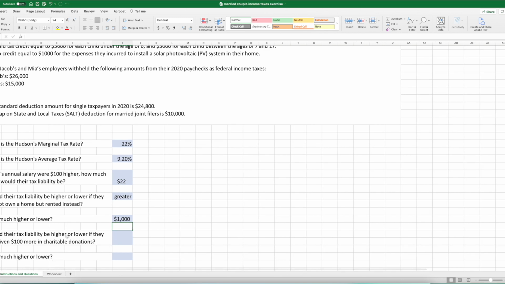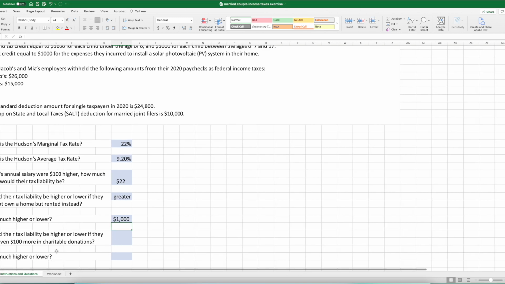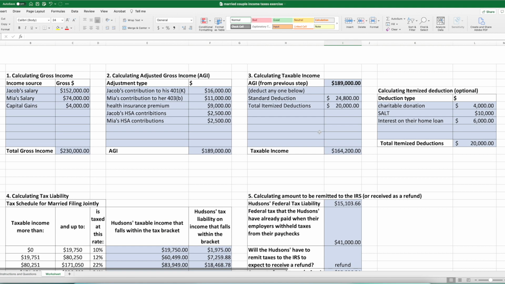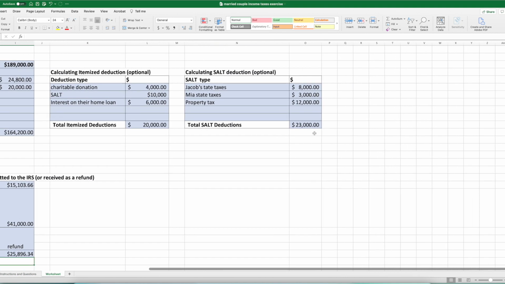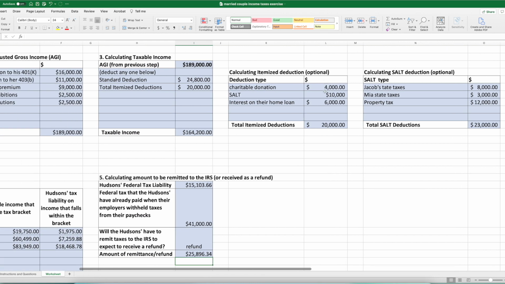Would their tax liability be higher or lower if they had given $100 more in charitable donations? So let's see. If they had given $100 more in charitable donations, their itemized deduction would be $100 bigger. So instead of the charitable donation being $4,000, it would be $4,100. The total itemized deduction would be $20,100.